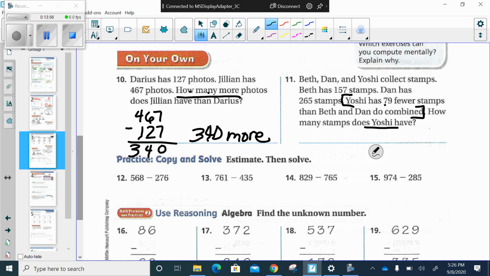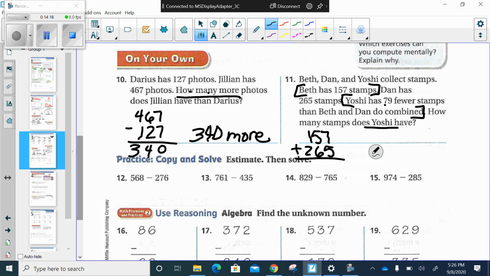Beth has 157 stamps. Dan has 265 stamps. And it says combined. So what are we going to do? We're going to add those two because we want to see how many they have together.